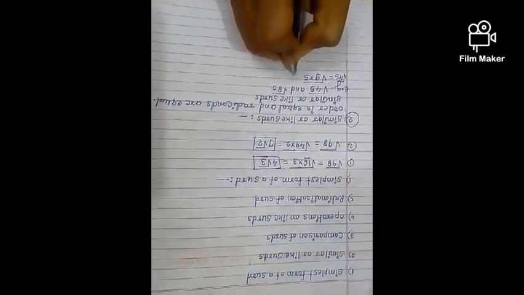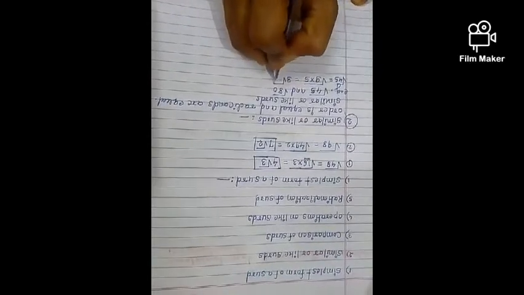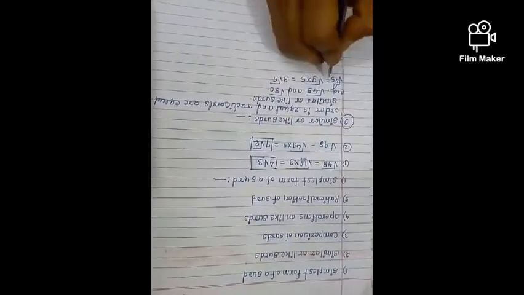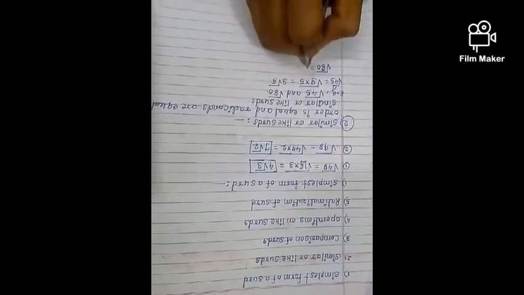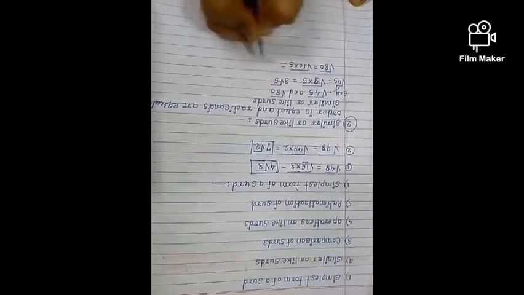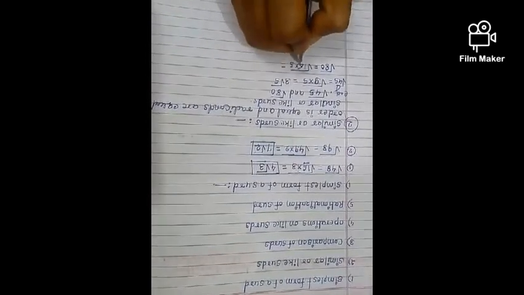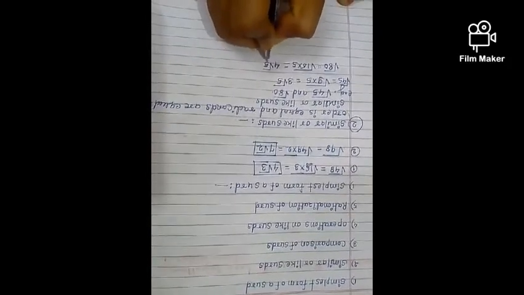Right? 9 is 3 squared. So 3 root 5. Now find the factors of root 80. 16 times 5 is 80. 16 is a perfect square, the square of 4. So 4 root 5.